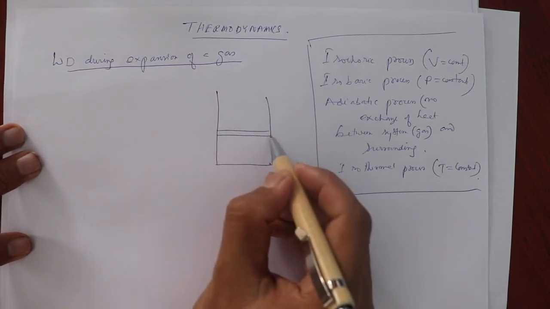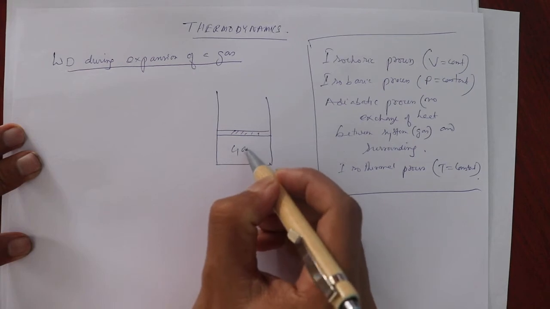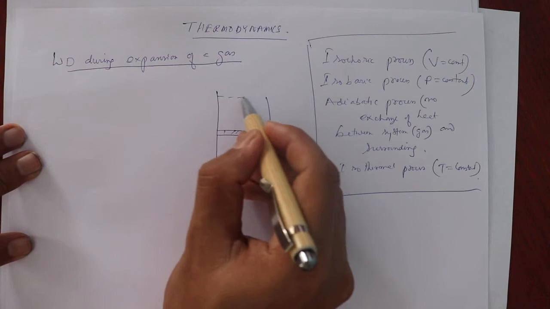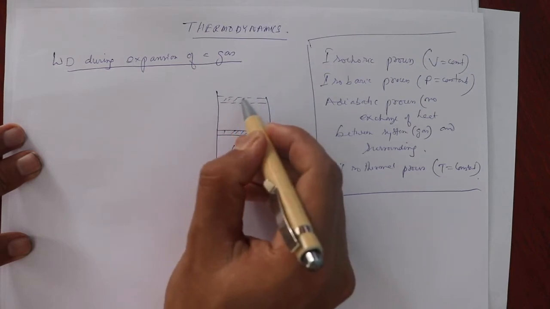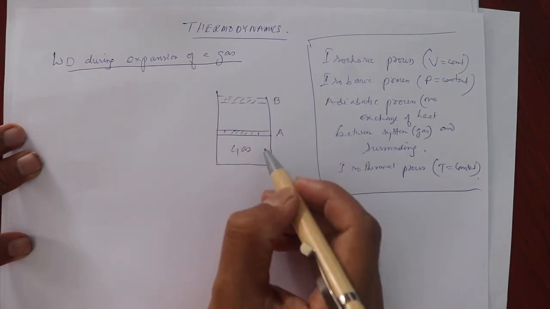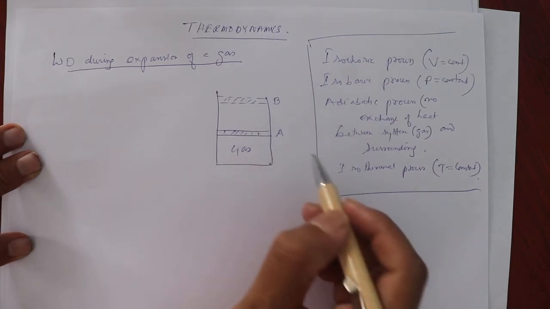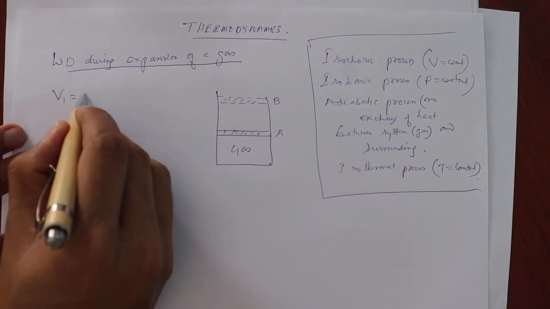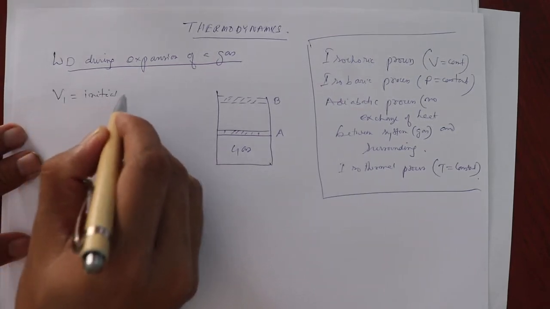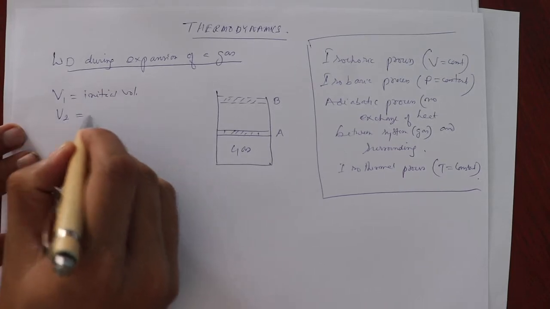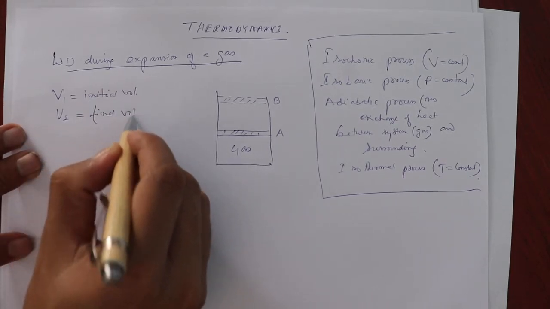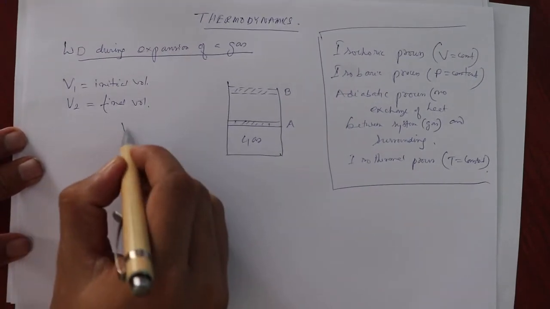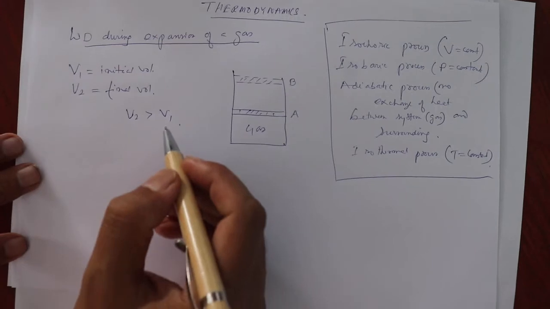Here is the piston, and the piston is expanded from A to another point here, B. So during expansion the gas has two volumes: V1 is the initial volume, and V2 is the final volume here. And this final volume should be greater than the initial volume.